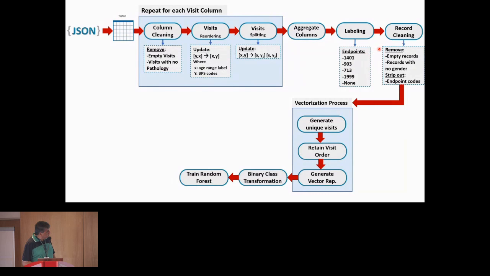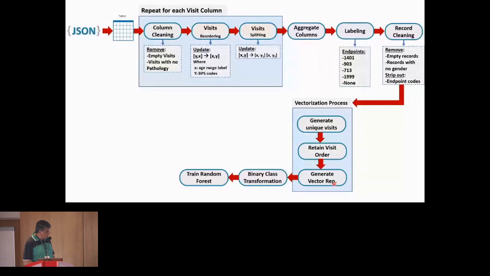Then we perform some record cleaning. For example, we remove empty records, and records with no gender. We also take the endpoint out in order to have the label of the data. Then we did a vectorization process by generating the unique visits, meaning all the combinations of the visits and the pathology codes. We retain the visit order, because we need it to predict the sequence of visits.